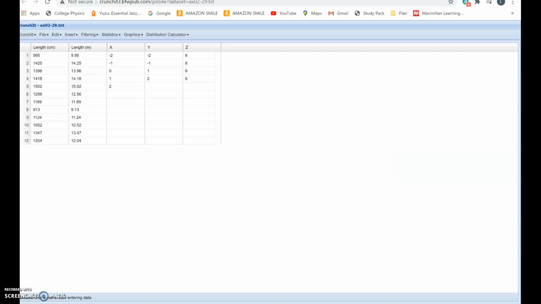Now let's look at the column headed by x. So the variable is x. We have -2, -1, 0, 1, and 2. So we don't have to use our calculators to say that the average or the mean of these numbers is 0.